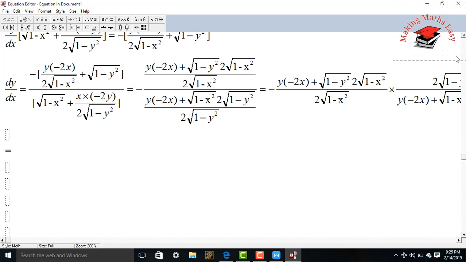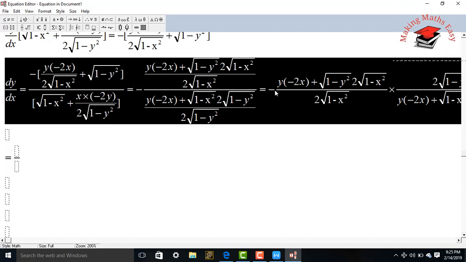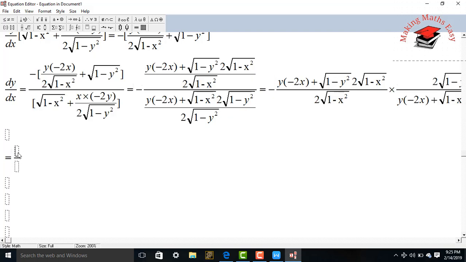So my final answer will look like this: will be equal to square root of, we can put 2 square roots or we can take a single square root, and never forget to put the minus symbol which is over here. So always put the minus symbol whenever you are solving the sum. So which will be equal to this function multiplied by square root of 1 minus y square divided by square root of 1 minus x square, and negative minus.